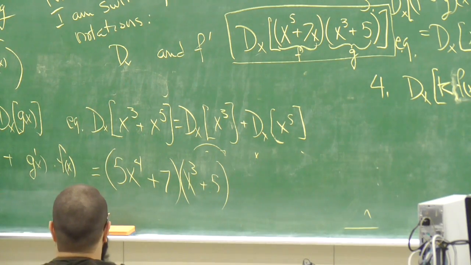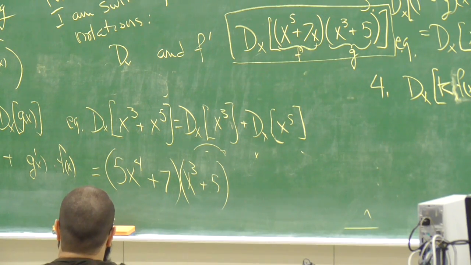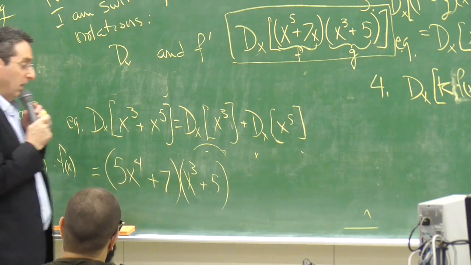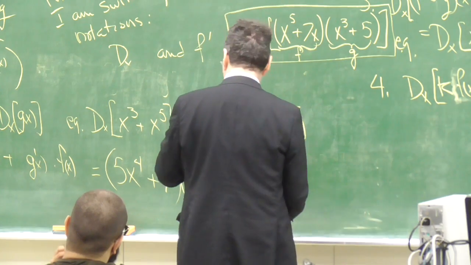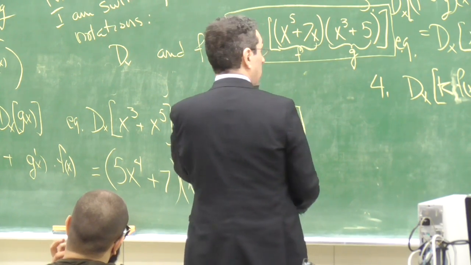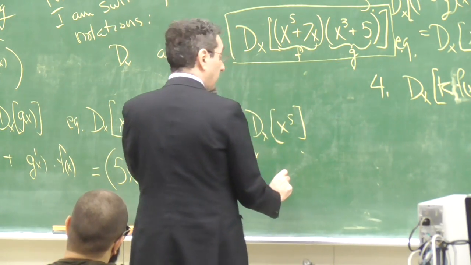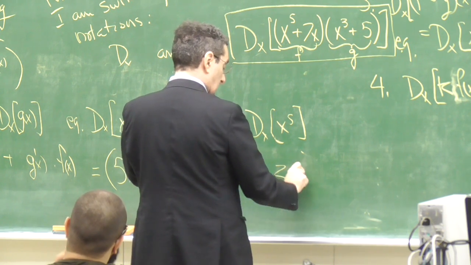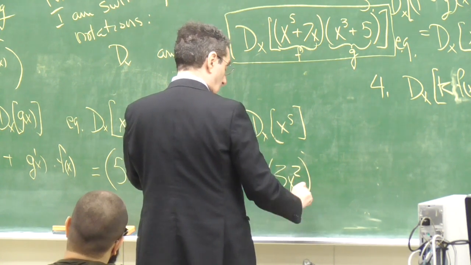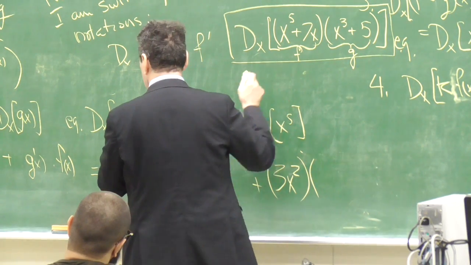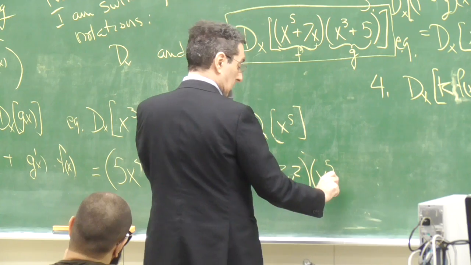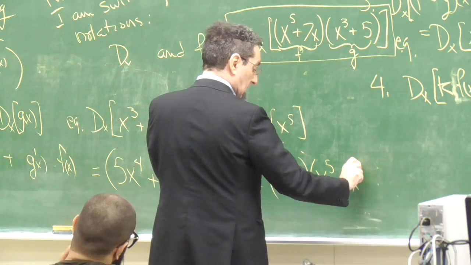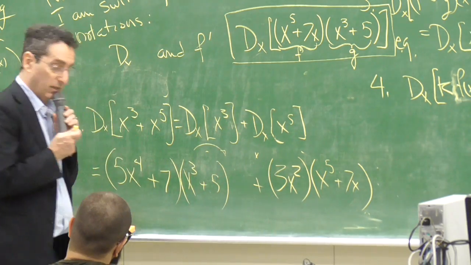Right, so now we just did this part, right? Now we have to do this part. So plus what? The derivative of the second one, which is here, so what's that? 3x squared times the non-derivative of the first one, right? X to the 5th plus 7x. Okay, so this is supposed to be the answer.